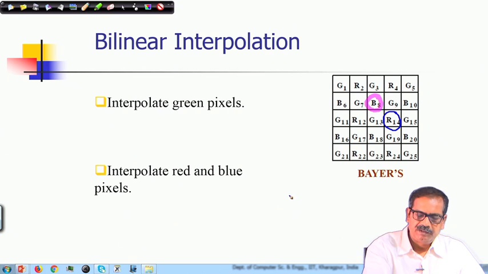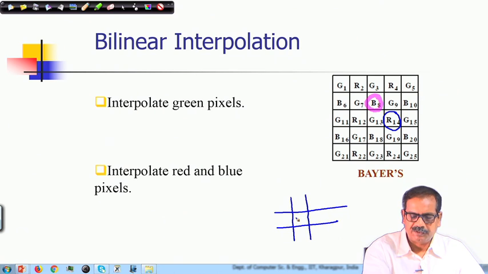Suppose you have a pixel location in a discrete grid, and I denote this location as x and y. Then these are the 4 neighbors of this pixel.